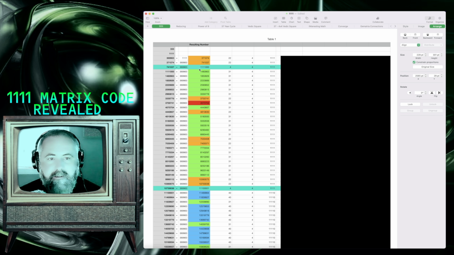If you look at the numbers, we have a number here starting with 111. Going down, we have a number starting with 222, and then 333, and 444, 555, and so on.